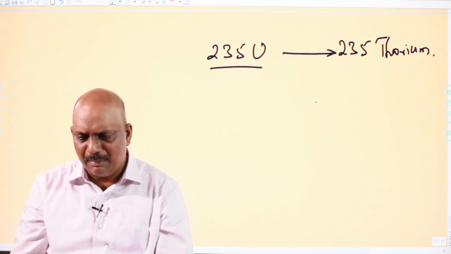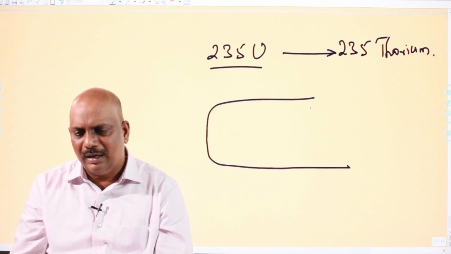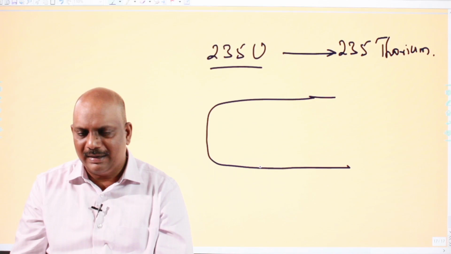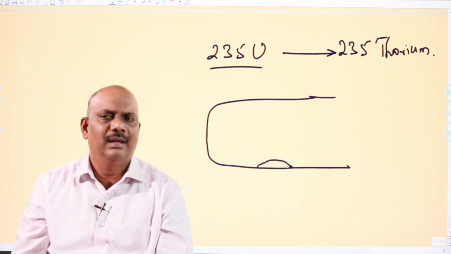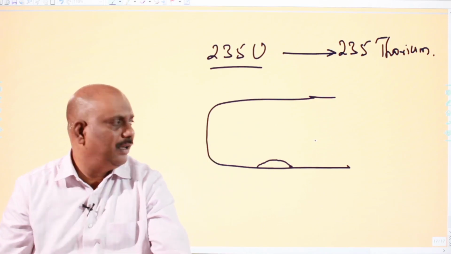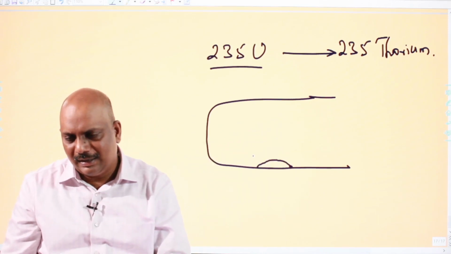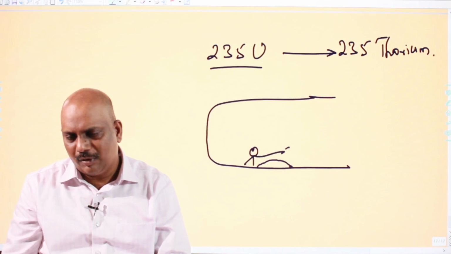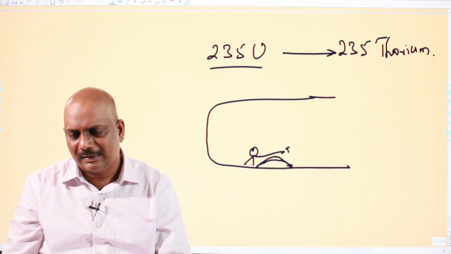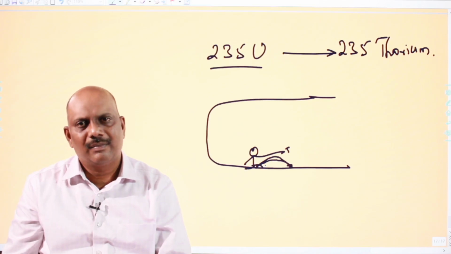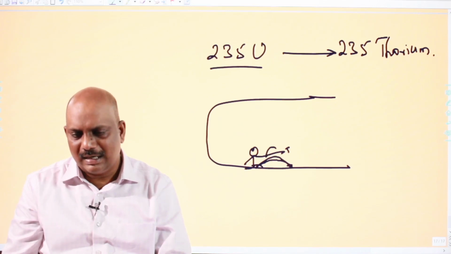Suppose there is a limestone cave and one stalagmite is just forming. Now one Neanderthal died here, keeping his hand over the stalactite. And slowly the stalactite will continue to form like this.